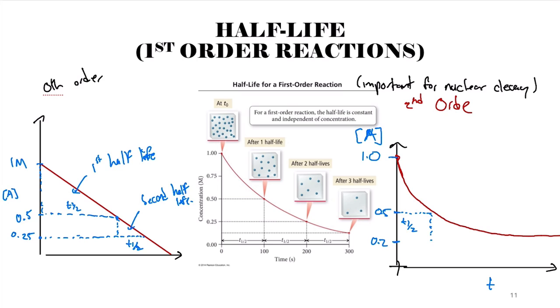But now, because it's decreasing at a much larger rate, for it to intersect this curve, that's going to be the second half-life. T1/2 2, that's T1/2 1, right?